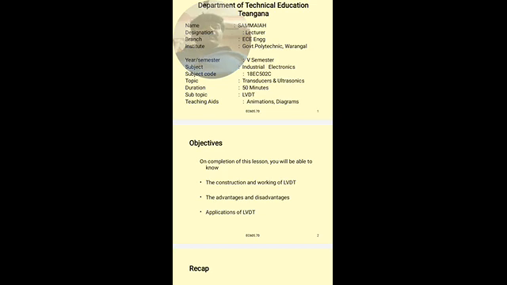So by the completion of this lesson, you will be able to know the construction, the working principle of LVDT, advantages of LVDT, disadvantages and applications of LVDT.